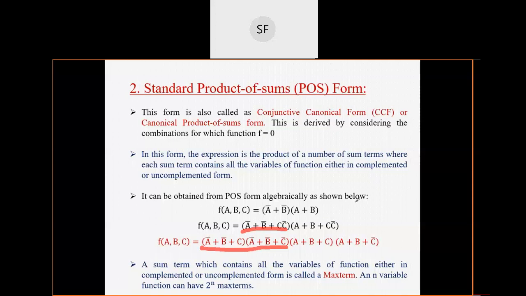So you can observe that this bracket is equivalent to this bracket, and this bracket is equivalent to these two brackets. These are just different representations of A bar plus B bar only. We have not added any term actually. The function remains itself.